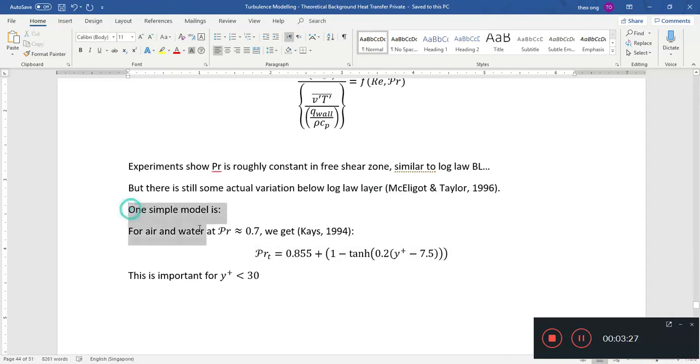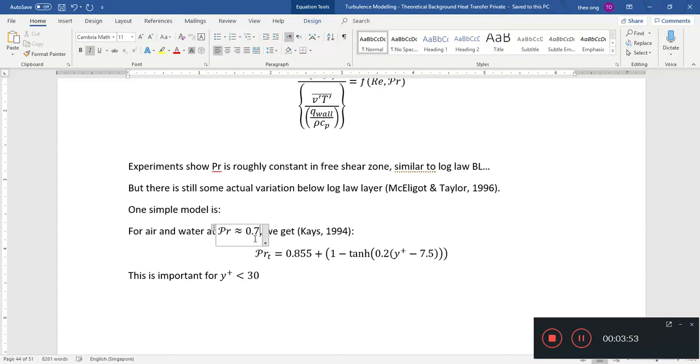And one of the simple models for that is as follows. Experiments were done using air and water, which have a Prandtl number of approximately 0.7. Now remember I said that water has a Prandtl number at room temperature and pressure of about 5 or 7, somewhere around there, depending on the temperature. Well, how do you get a Prandtl number of 0.7?